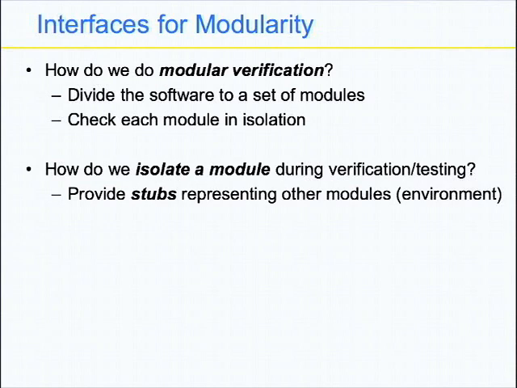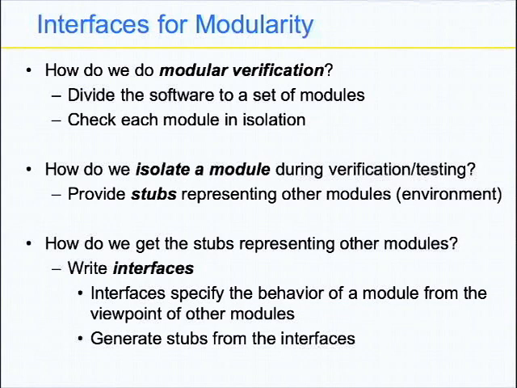So how do you write those stubs for the other modules that you are not going to focus on? Write interfaces, and from those interfaces, generate the environment for a module. So try to generate the environment of the module you are checking using the interfaces of the other modules. That's the basic idea: from interfaces, generate the stubs.